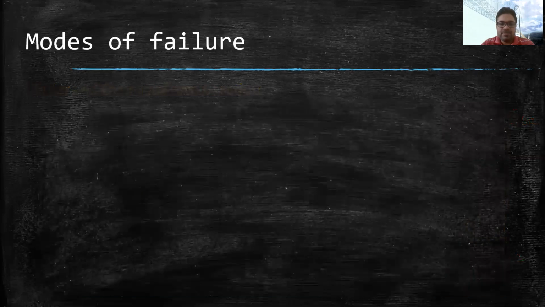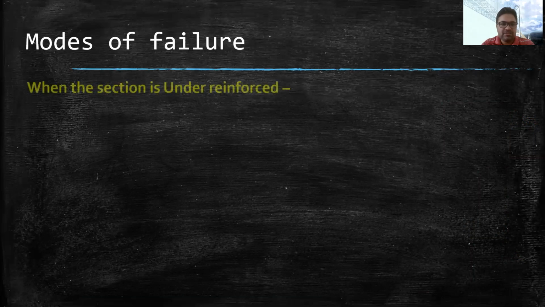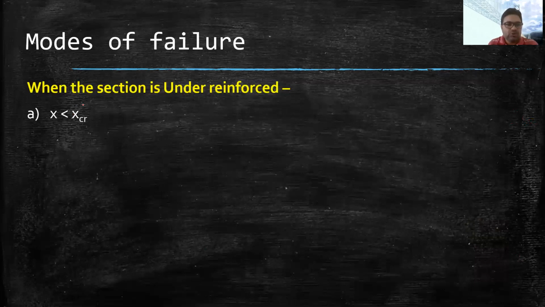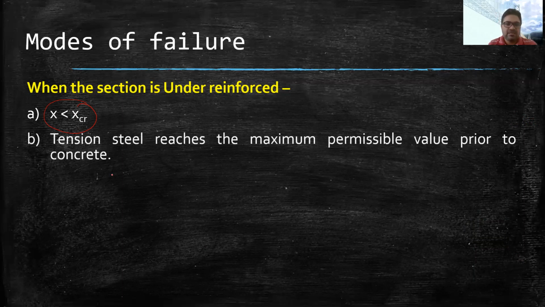Now we will see some features of the under and over reinforced section. From the previous diagram, we can conclude that the actual depth of neutral axis is less than the critical depth of neutral axis. So it happens when the section is under reinforced. The next case is tension steel reaches the maximum permissible value prior to the concrete.